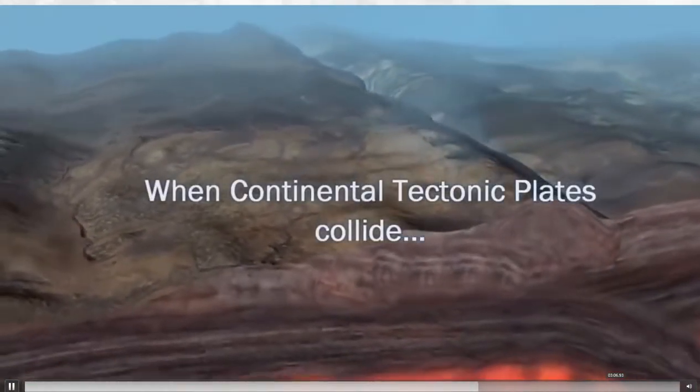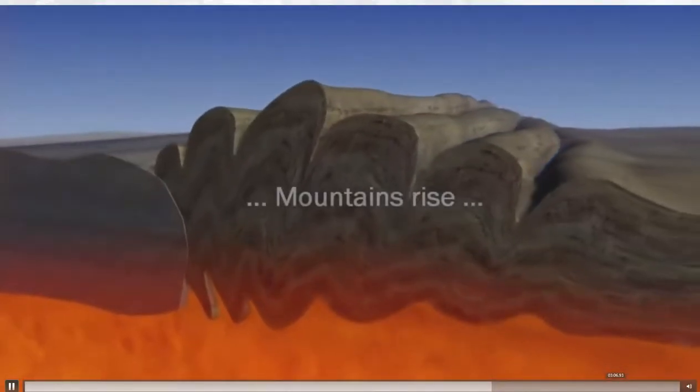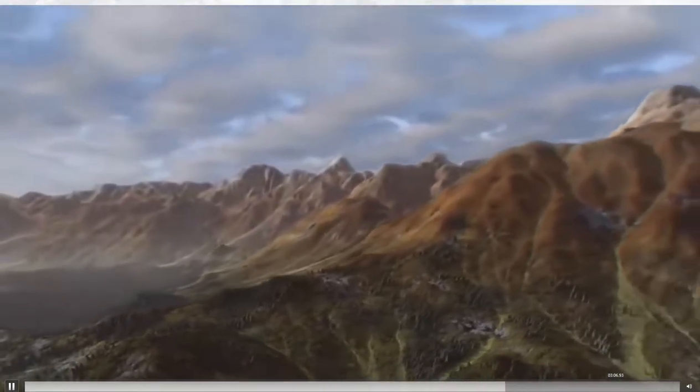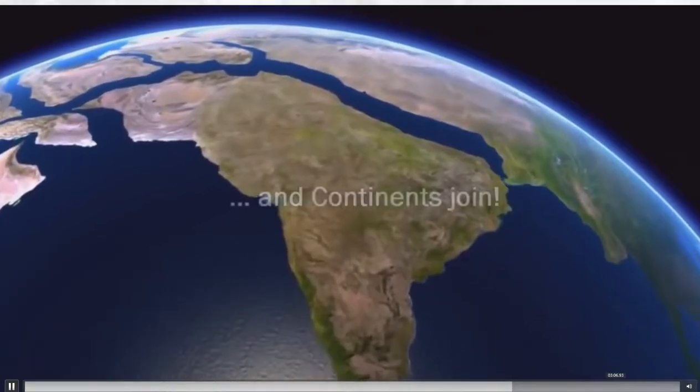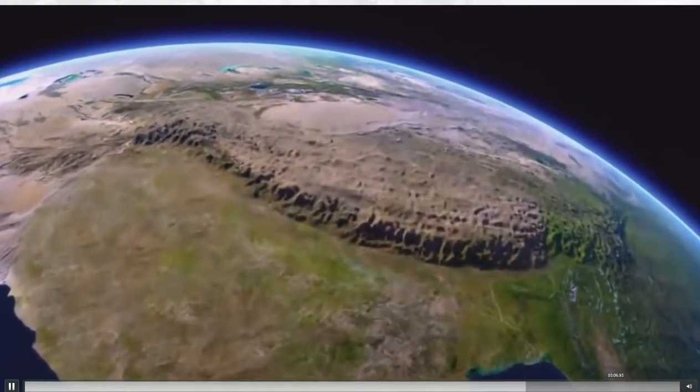When continental tectonic plates collide, mountains rise, and continents join. Terrible earthquakes result.